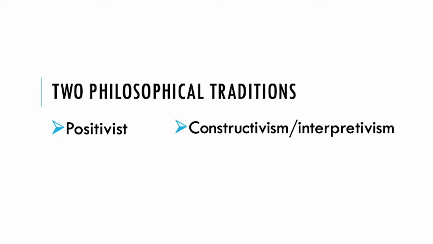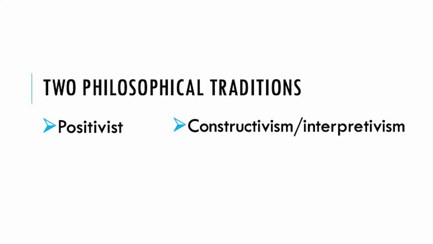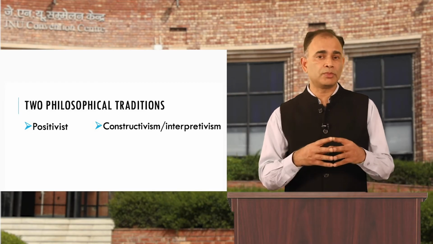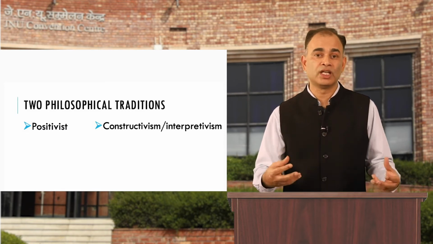If I take you a little deeper into philosophical tradition, although I do not have much time, so I'll not get into it. But there are two very important traditions which influence the kind of research that we conduct in deeper research in social science. One is positivist research, and the second one is constructivism or interpretationism. In positivism, they tell you that reality is out there, you just need to go and find it out.